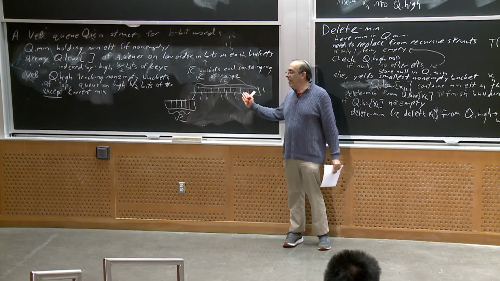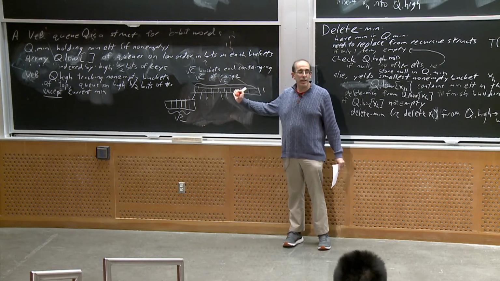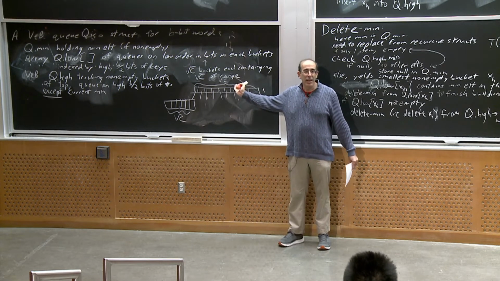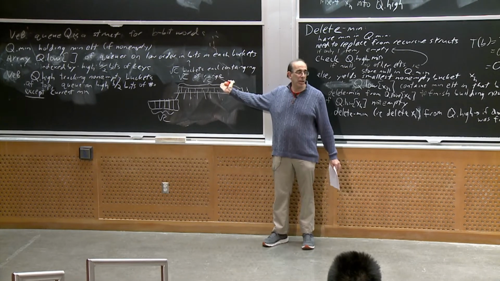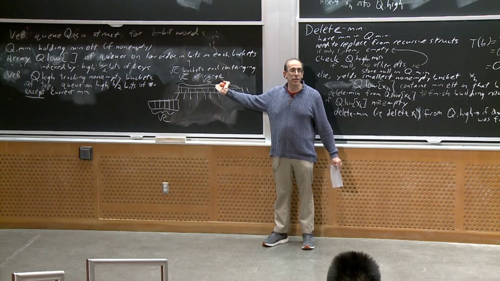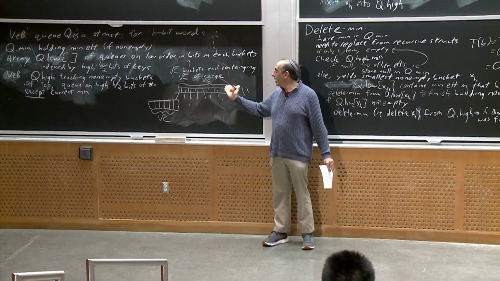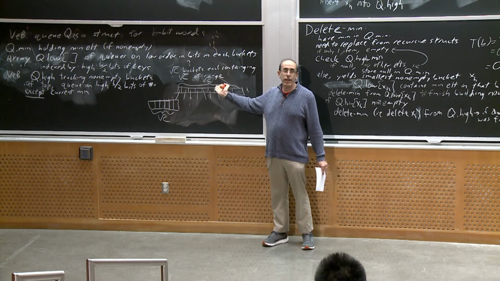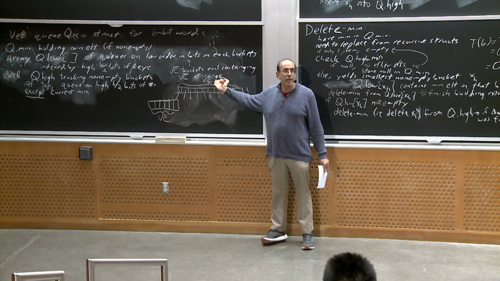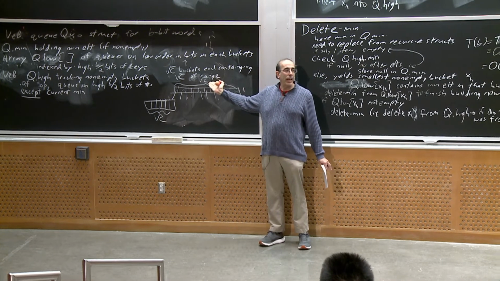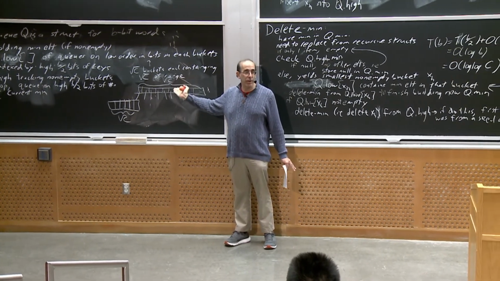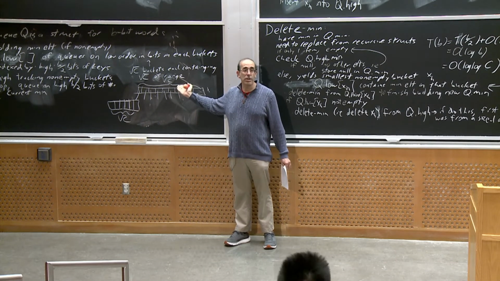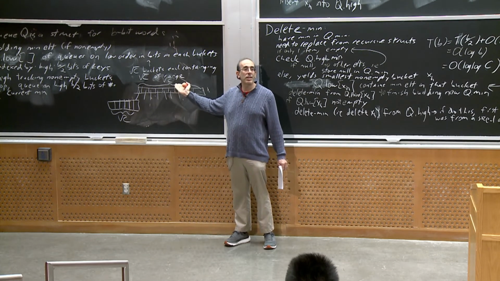It turns out that you can simulate an initialized array without actually initializing it. And this is a problem that I sometimes put on the homework. I don't know if I will do it this year or not. But essentially, there's a trick where you use 3 arrays of size n to simulate an array that has been initialized to all zeros, a single array of size n that has been initialized to all zeros with no initialization time at all.